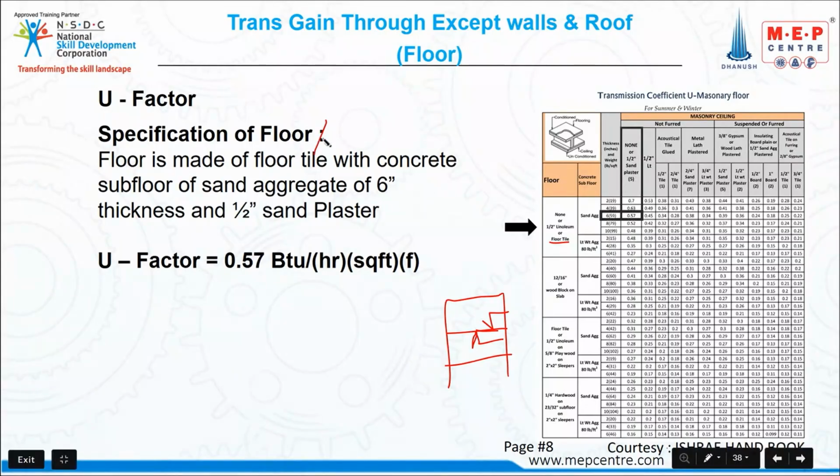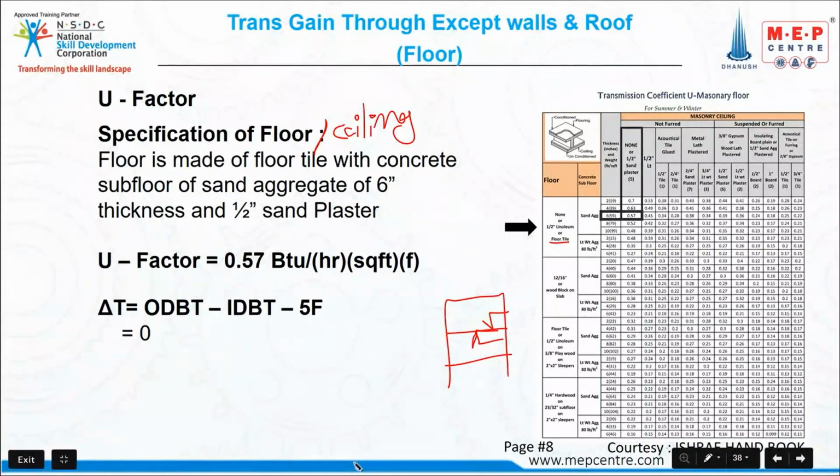You can write here. Why? Because in the next step again this will come. So no need to write ceiling. You can write floor or ceiling. Okay. And delta T is same. ODBT minus IDBT minus 5. I am taking it as 0.